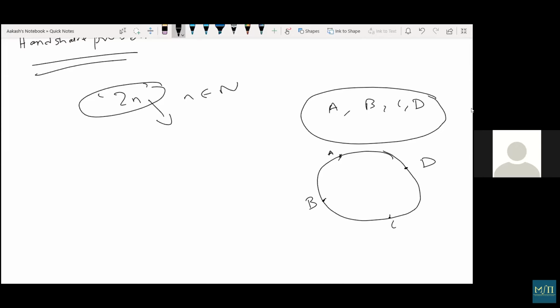I want A and B to shake hands, and C and D to shake hands, or A and D to shake hands, such that their hands won't cross. As I took four people, n is equal to 2.